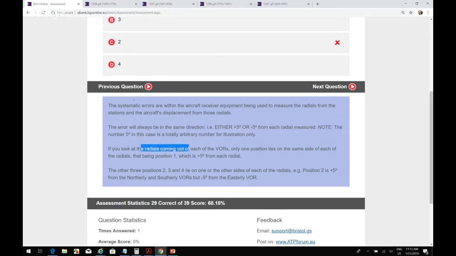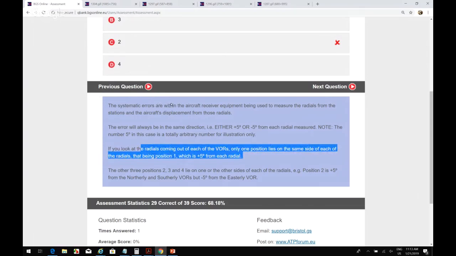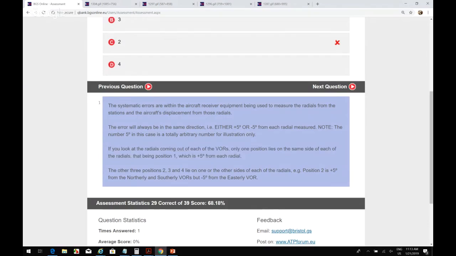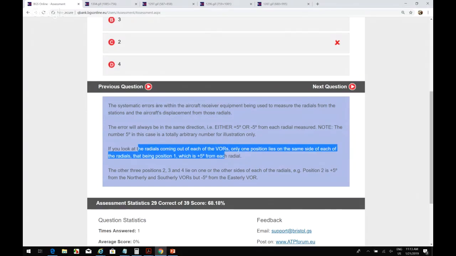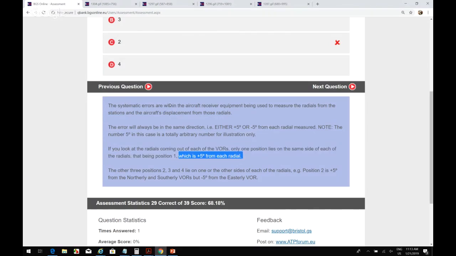If you look at the radials coming out of each of the VORs, only one position lies on the same side of each of the radials, that being position 1, which is plus 5 degrees from each radial.